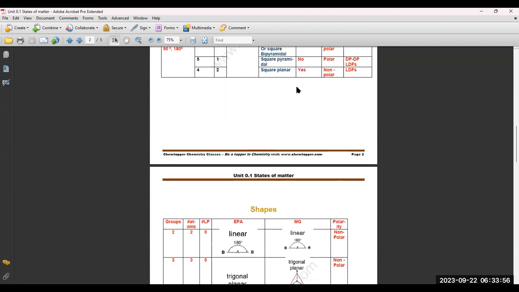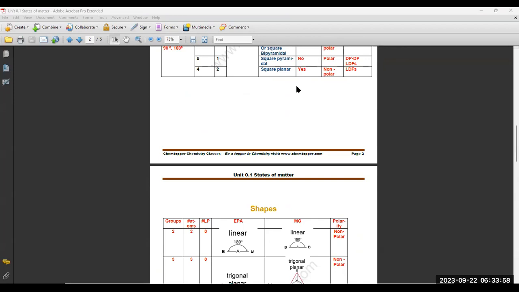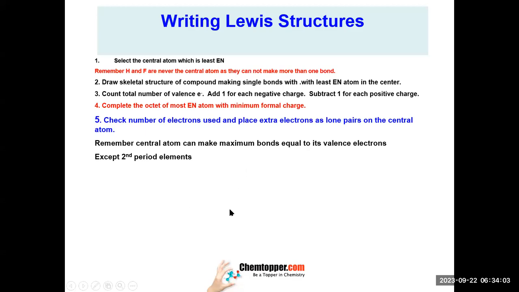So before we start the VSEPR, let me tell you the meaning of VSEPR. Anil, you need it right now. If you can take the printout or open it somewhere in your computer, because when you are answering the questions, you need it, right? So VSEPR: valence shell electron pair repulsion.